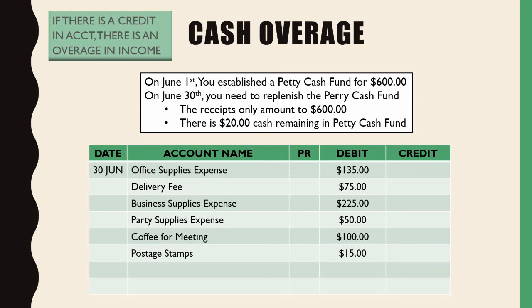we're going to record it like this. We have our expenses that total up to $600, and we're also going to record that we have a cash shortage or overage of $20. Of course, because we have the extra cash left in our drawer, we're also going to write a lesser amount for the check because we still have cash in the drawer.